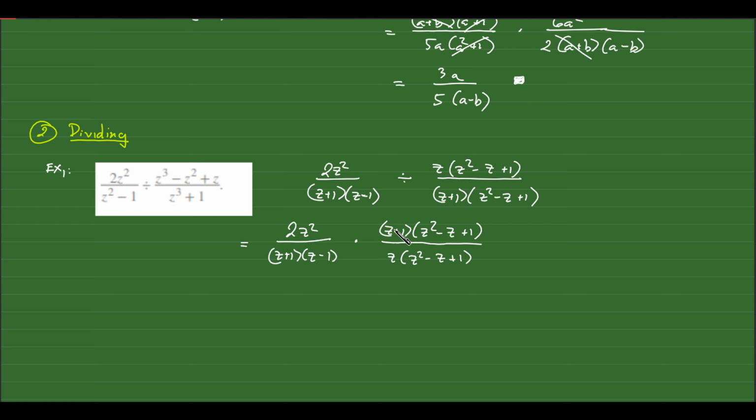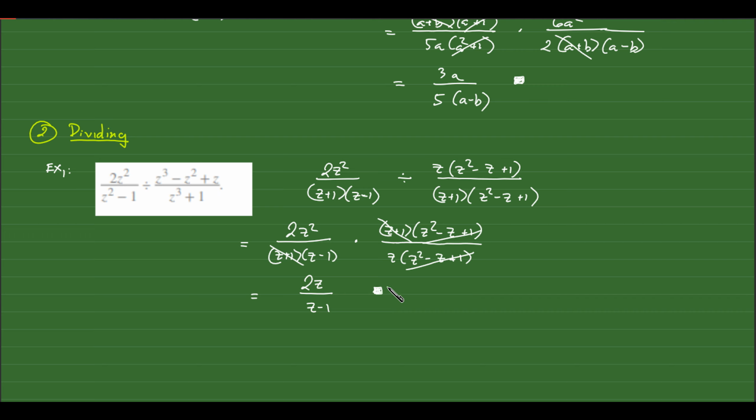Okay. So go ahead and cancel now because it's the same. This and this are the same. z squared and z you can simplify, so you have one z left. So you have 2z on the top over z minus 1. There you go. And that's it.